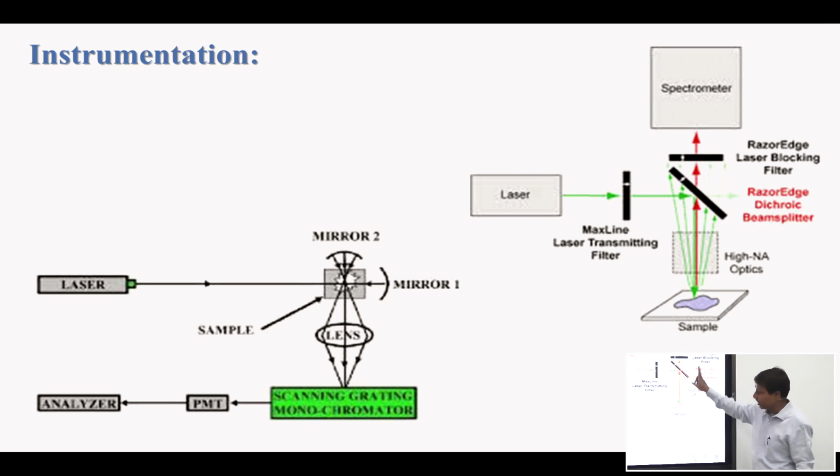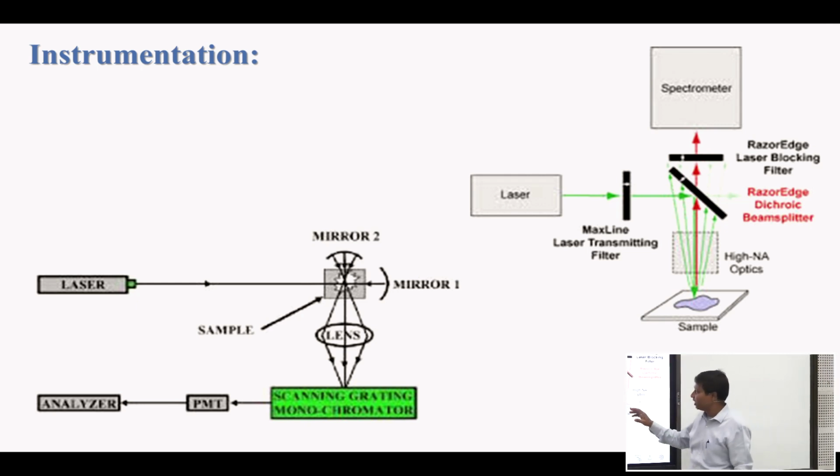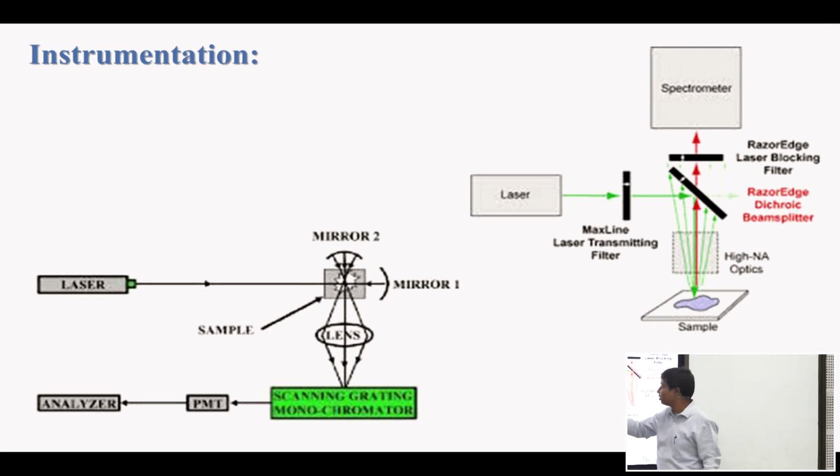This is in backscattering, it is recorded on the sample, and whatever Raman signal is coming from the sample, the mirror allows, and this will go to the spectrometer. So what is necessary is a laser excitation source, a beam splitter, a spectrometer, a detector, and of course the sample.